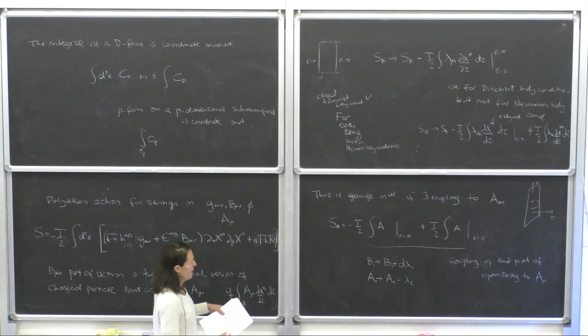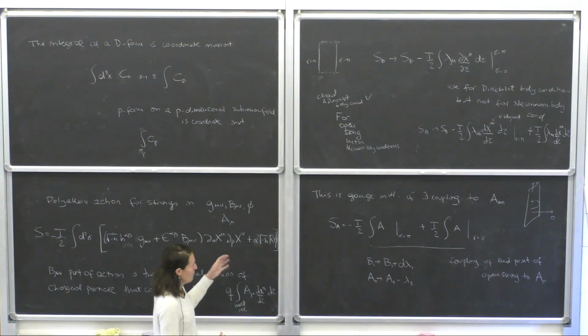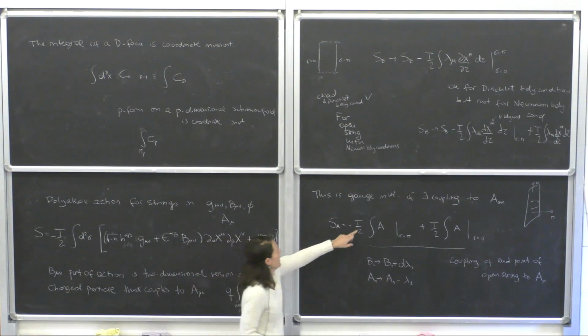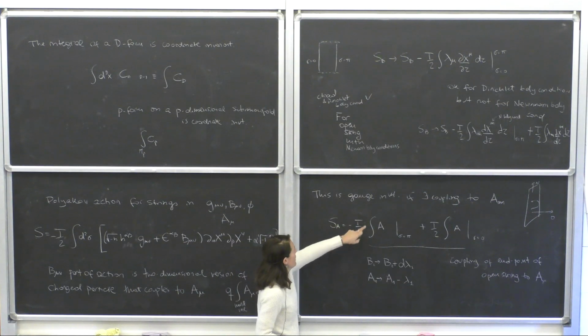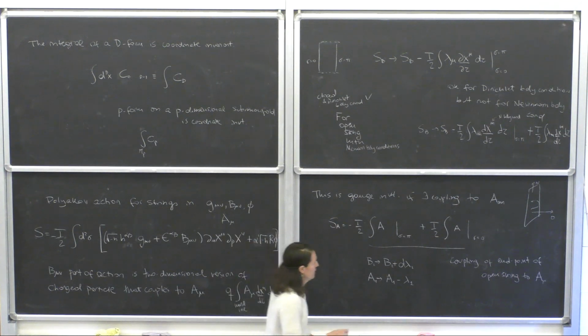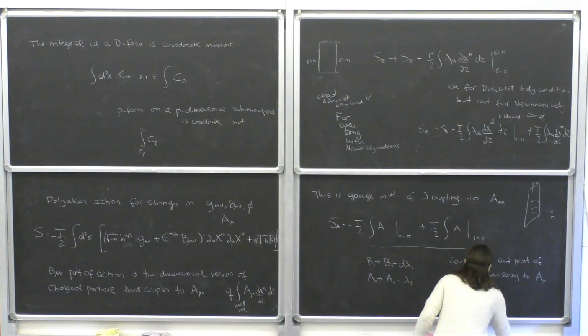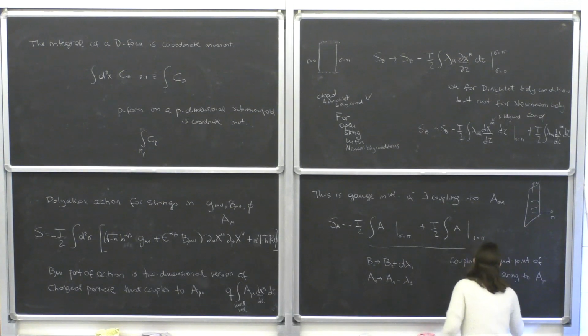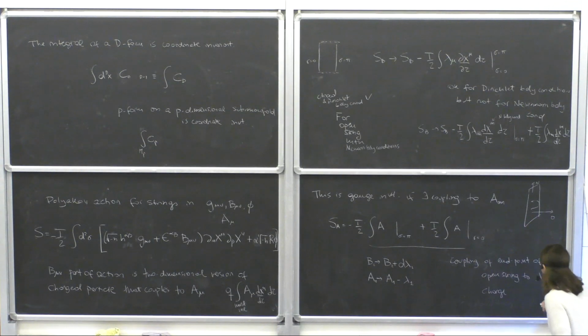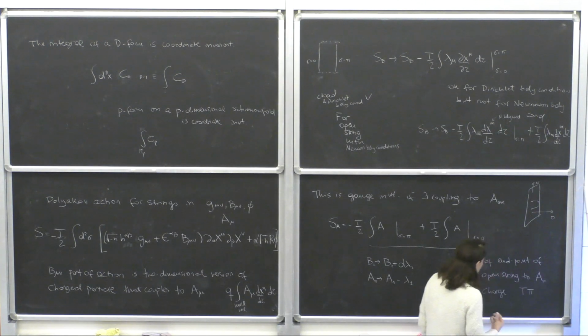So the source for this are the endpoints of the string. And again, the charge is also proportional to T. So one can say T times pi or something like that, to make it not a charge per unit length but a real total charge.